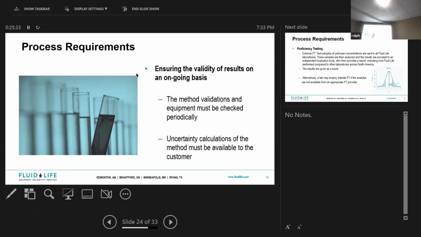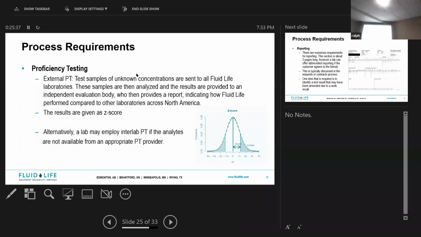Uncertainty calculations of the method must be available to the customer, as I said before. Proficiency testing. I don't know if you guys have ever heard of proficiency testing, but this is another thing to ensure the validity of the results. We send out external PT to an ASTM company, and there are all sorts of other customers around North America that have the exact same sample. They test it. We send in all our results via portal, and then they give us a Z-score.